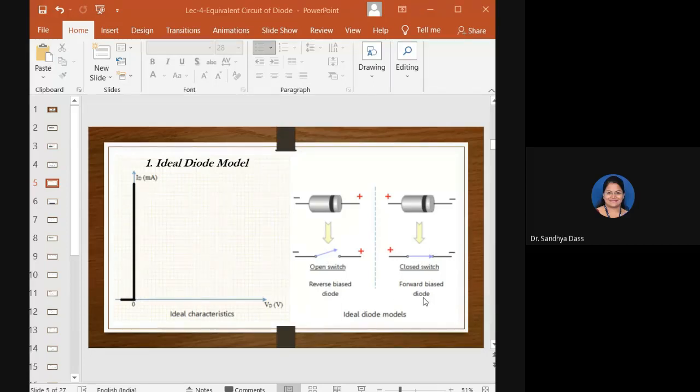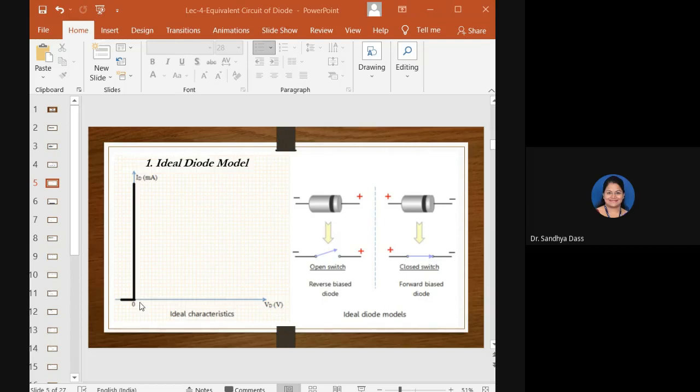All right. Similarly, if a diode allows 0 current to flow in the reverse bias condition, as we have discussed till now, there is no current at all in this reverse bias condition. Then the diode can be considered as an open switch, as you can observe here. So imagine the applied voltage is VD.